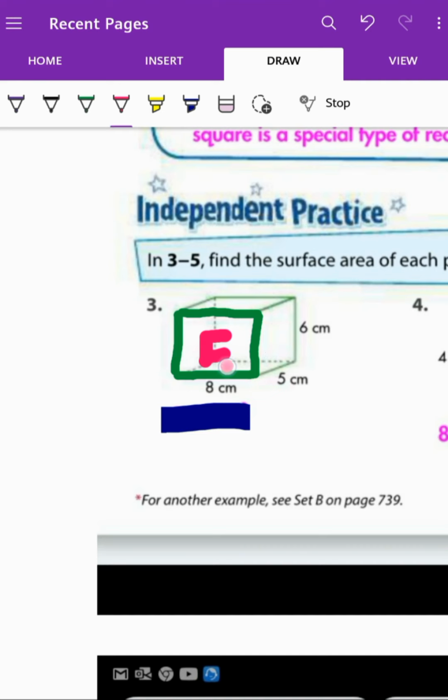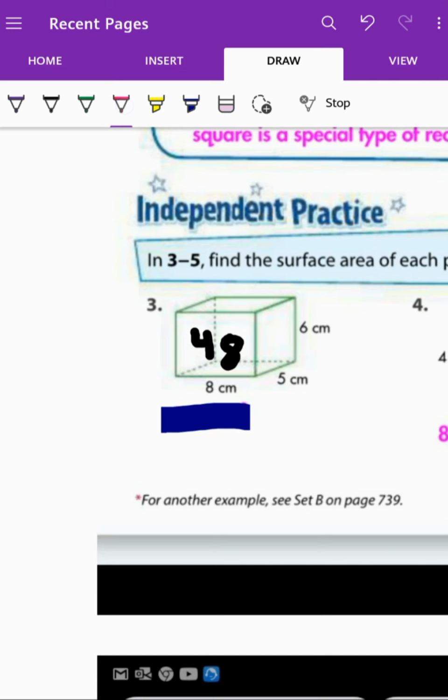Where is the horizontal? The vertical? Find it. I have the numbers. Yes, I have 8, but here I don't have this side. I bring it from here. So it is 6. 6 by 8 is 48.